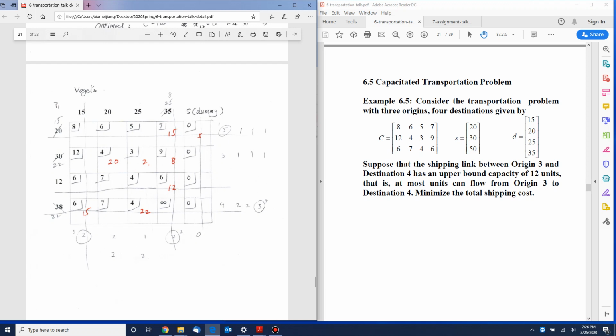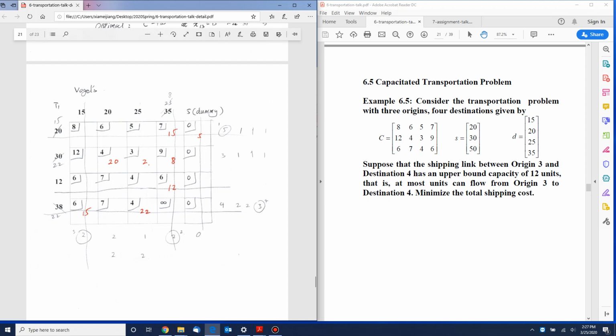So for this 12, we keep the original price, that's 6, from orange 3 to market 4. So in this way, we have a new tableau. And how to set up this new tableau is normally because from the above, you couldn't know that in the normal schedule, we would ship 35 from orange 3 to market 4.